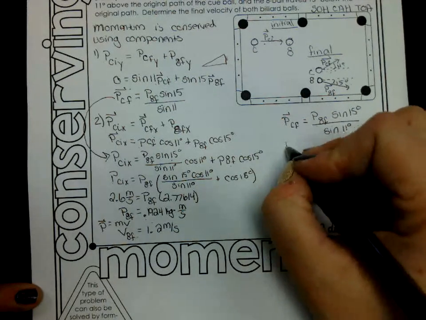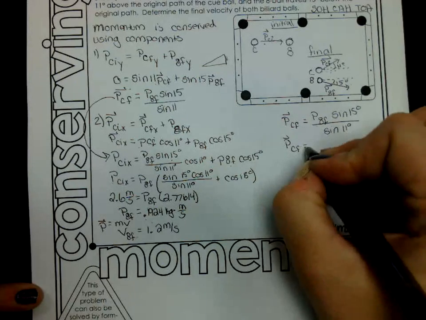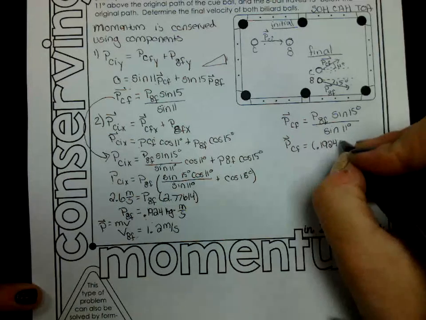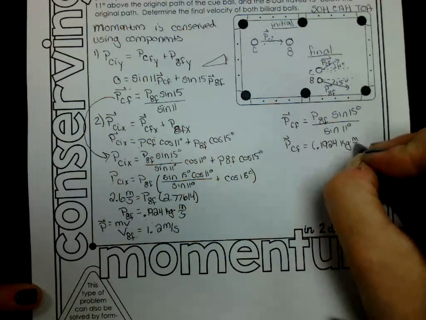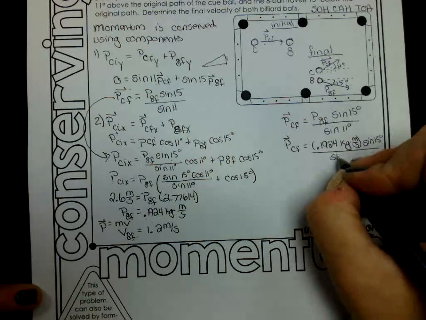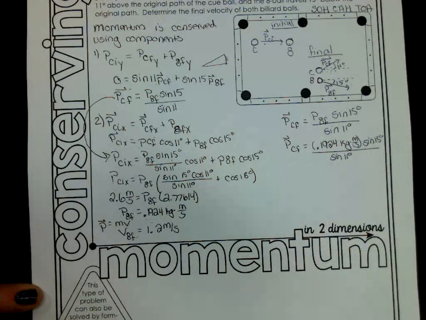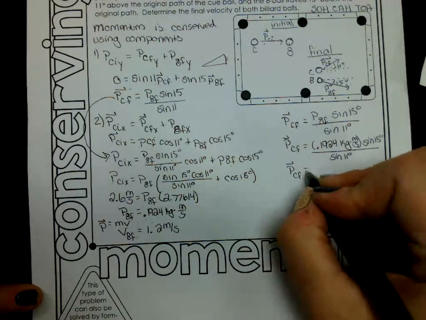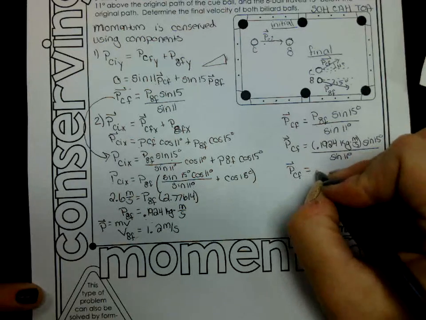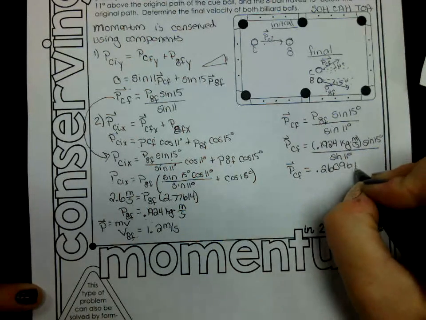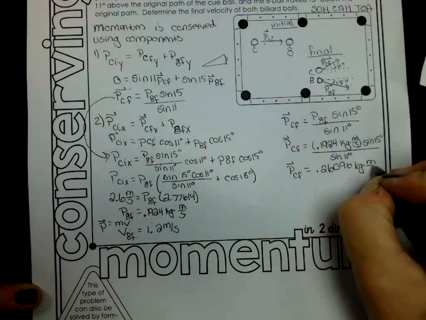So the momentum of the cue ball final is equal to 0.1924 kilograms times meter per second times sine of 15 over sine of 11. The momentum of the cue ball final is 0.26096 kilograms times meter per second.